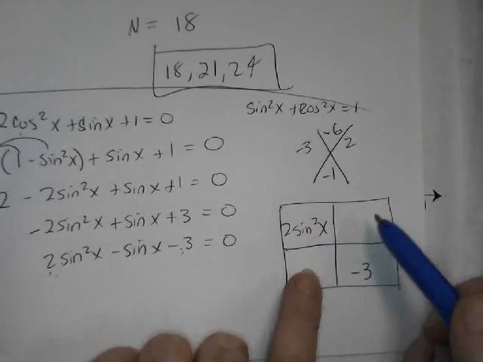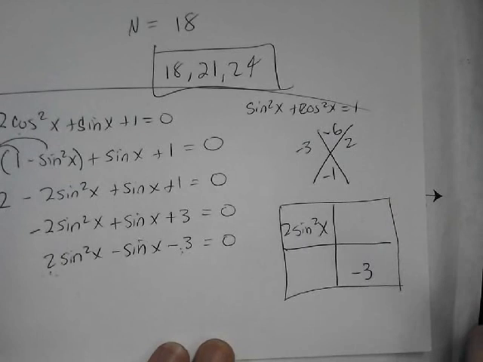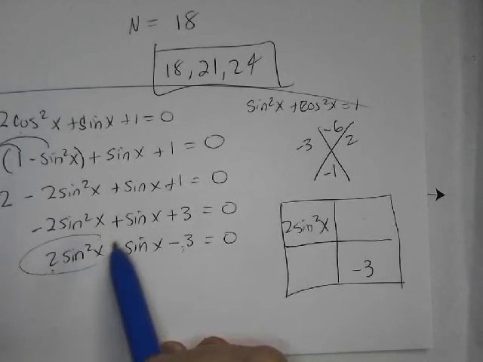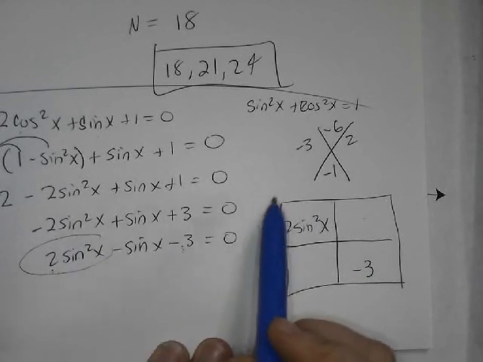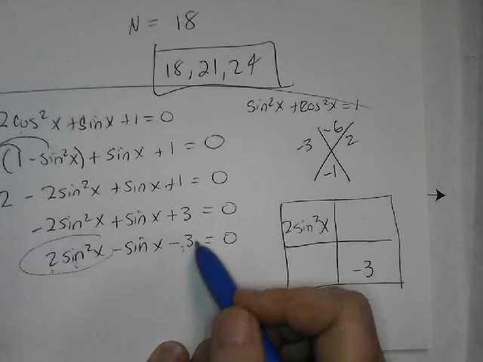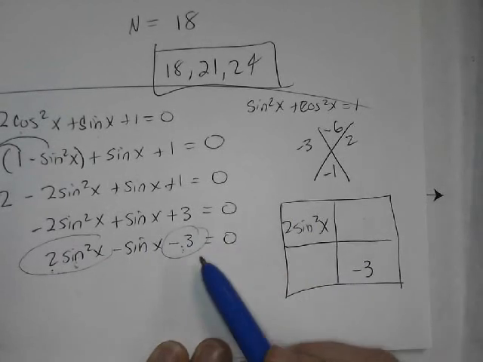What goes in the two sides right here? Anybody know? See, I got for this first upper left box, I used the first term, and I used the lower right box as the third term.